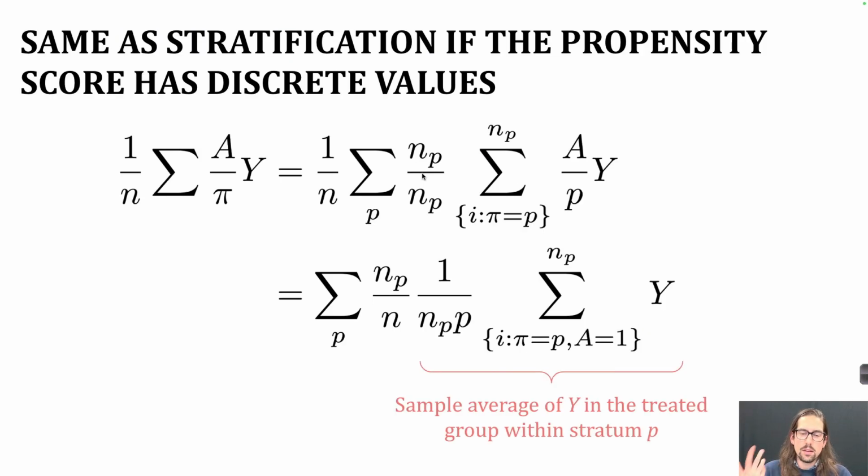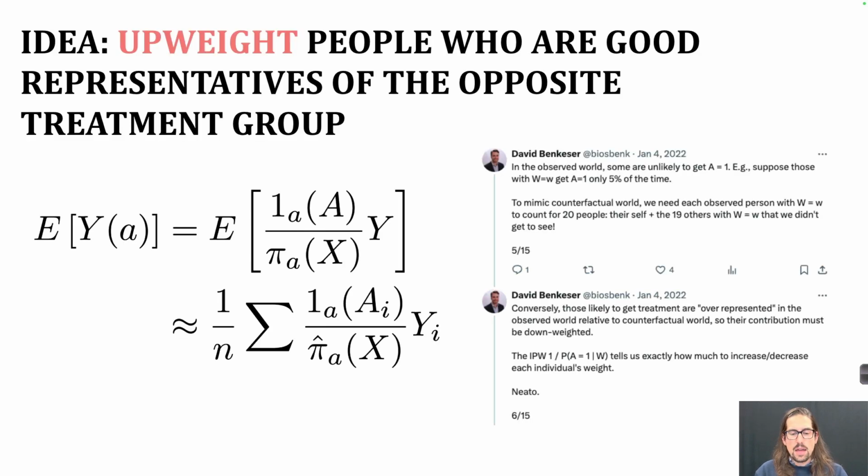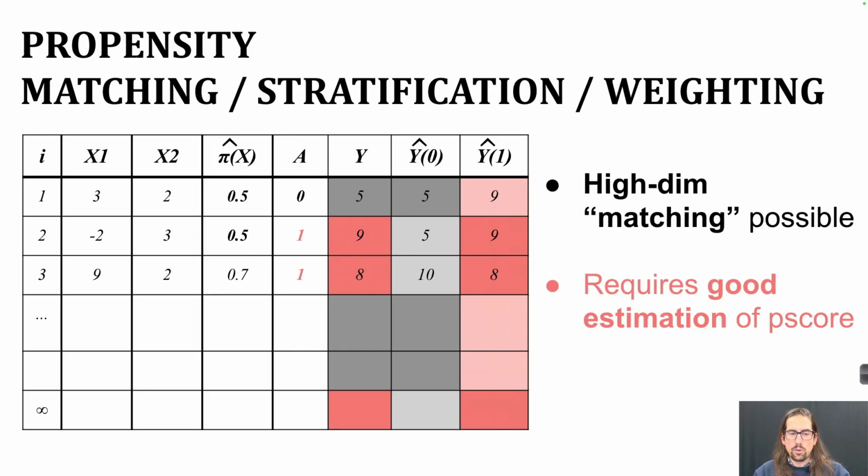So weighting is kind of like if you take the number of strata to infinity and very finely stratify everyone. That's the weighting estimator, and of course it's closely related to the stratification estimator, which itself is very closely related to the matching type estimator. So these are all really the same. They're not that different in terms of what is going on under the hood.